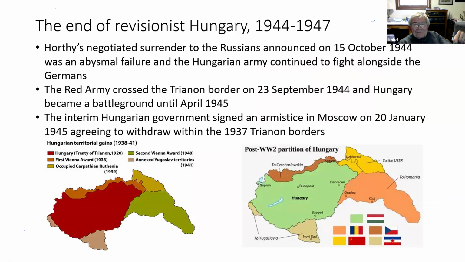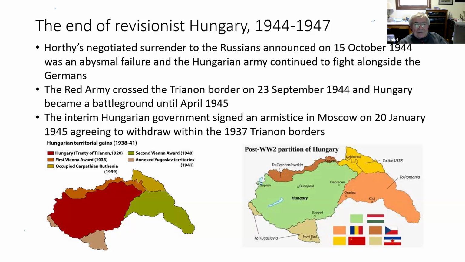The Romanians did the opposite. They turned in August of 1944. They surrendered to the Russians, and at the same time, they decided to fight the Germans. The Red Army crossed the Trianon border in September, and Hungary ended up being a battleground until April of 1945.